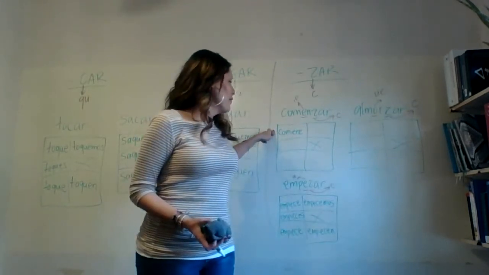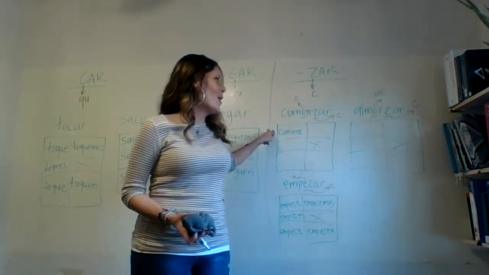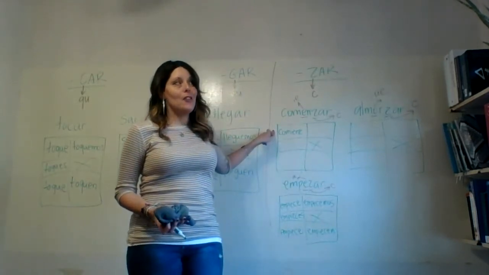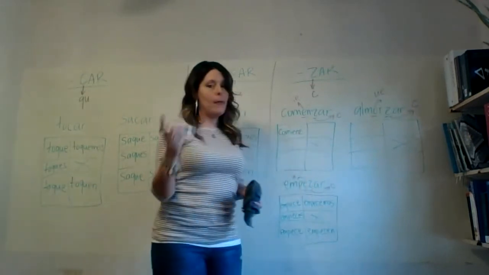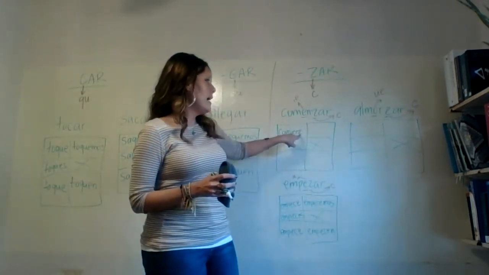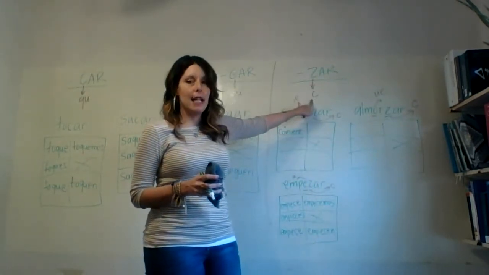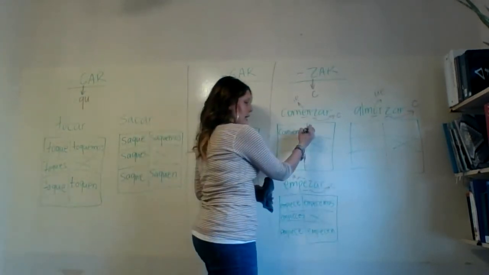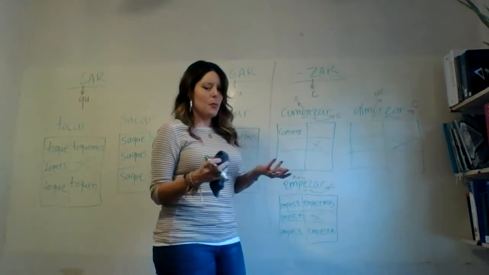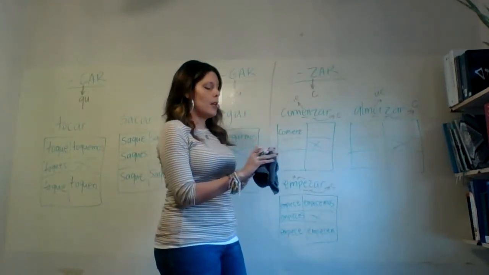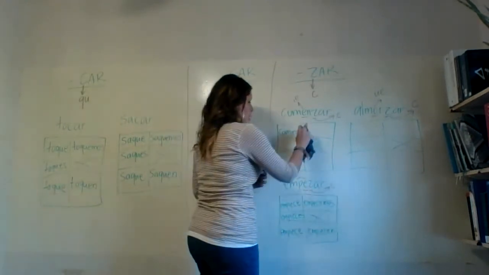Now we're going to start making the subjunctive, which should be just adding an E here. But what do we have to remember? We have to remember that that Z has to change to a C. So we could just add the E here and then erase this, kind of do the switch of the Z to a C, but we're going to do it all at once.